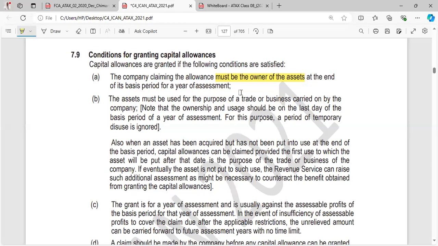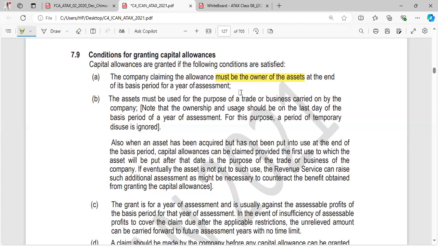What it means is that if you are using an asset that you are not the owner of, you cannot claim capital allowance on it. If you hire a motor vehicle from a hiring company and use it for business purposes, you can only expense the hire charge, but you cannot claim capital allowances on that.